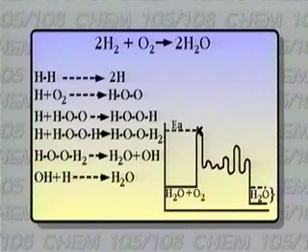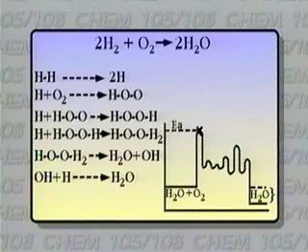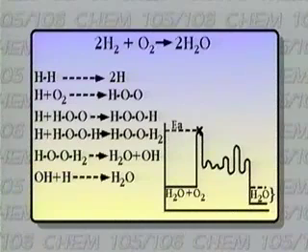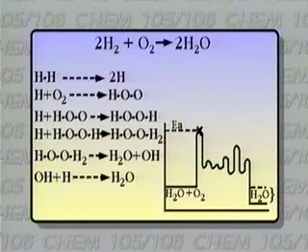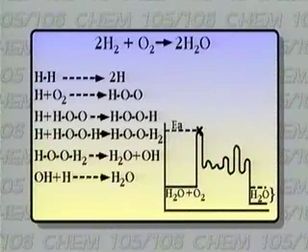So the value of knowing a reaction mechanism is to know where to look to speed up the reaction rate. It wouldn't do us a whole lot of good to look at this third step and look for a catalyst for that step, because that step is relatively low in activation energy anyway. It wouldn't do us a whole lot of good to even do number 2 or 4.